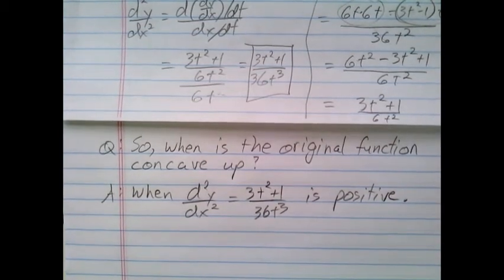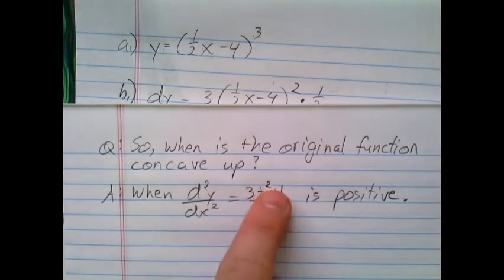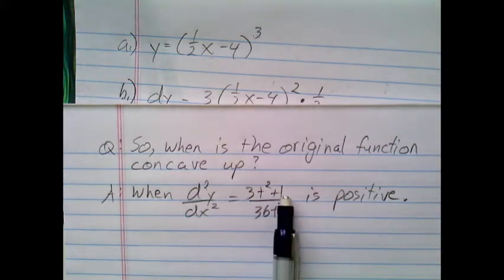But when is that? Well, that's actually an easier question to answer than you might think. Check out the numerator. We know that t squared is never negative. No matter what value t takes on, t squared couldn't be any lower than 0. So 3t squared plus 1 couldn't be any lower than 1.